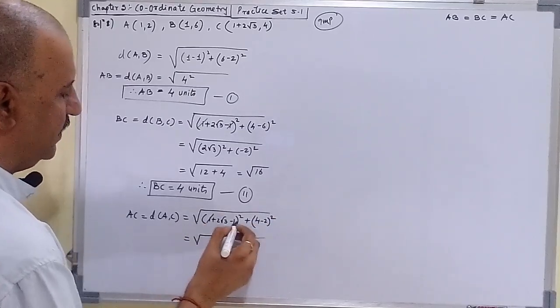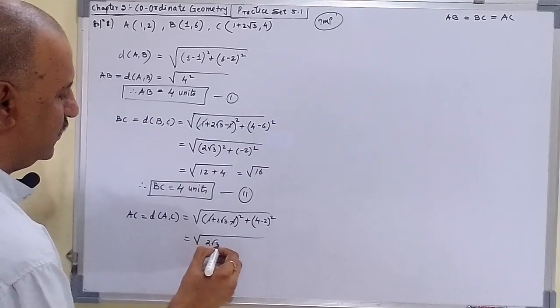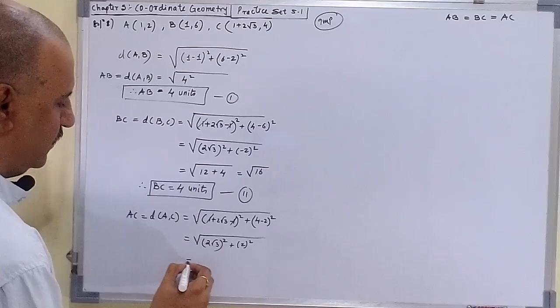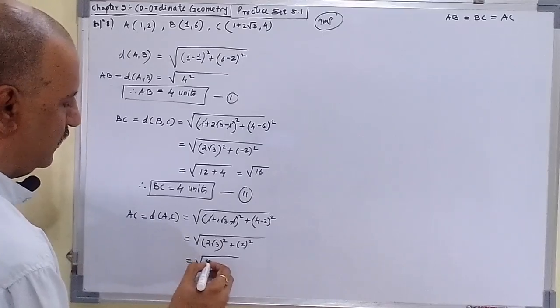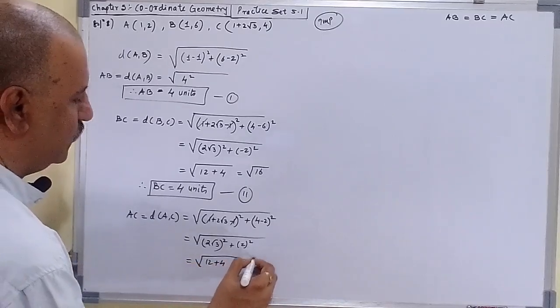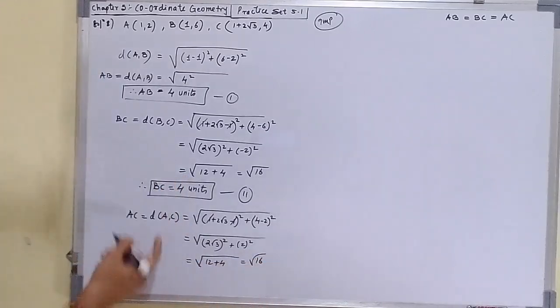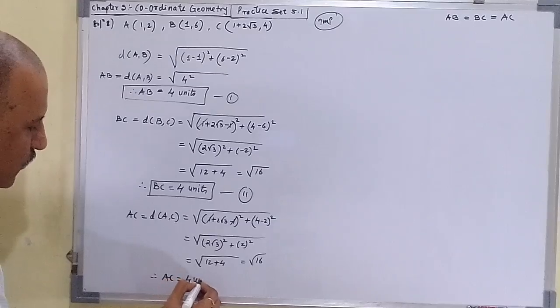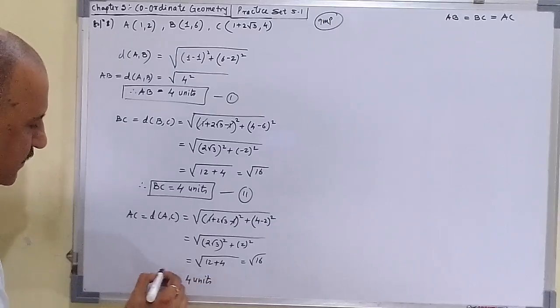The 1s cancel, so this will be 2√3 square plus 2 square. This gives 12 plus 4 equal to √16. Same as before, so AC is equal to 4 units.